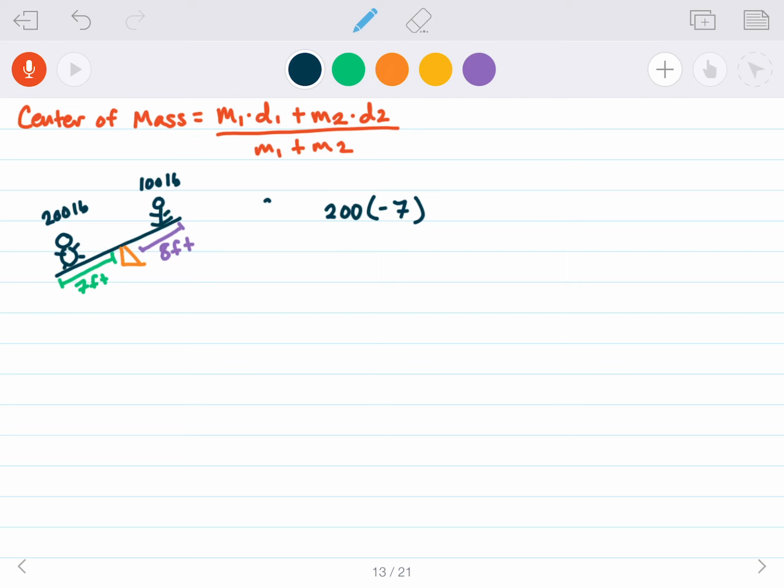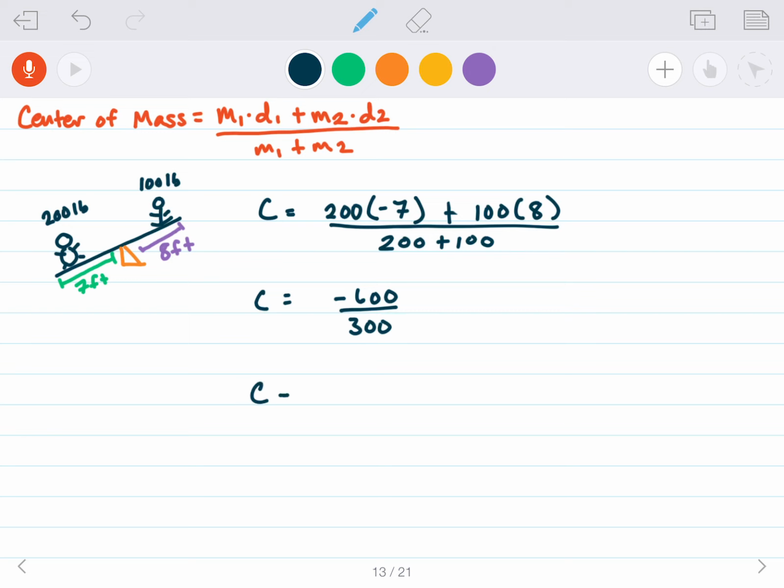So the center of mass is equal to 200 times -7 plus the mass of the second child, 100, times the displacement, which is 8 feet away, all divided by the total mass, 200 plus 100. If we simplify the top, we get -600 over 300. And so the center of mass is going to be at -2.